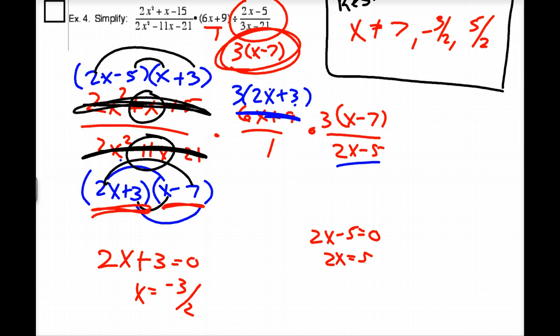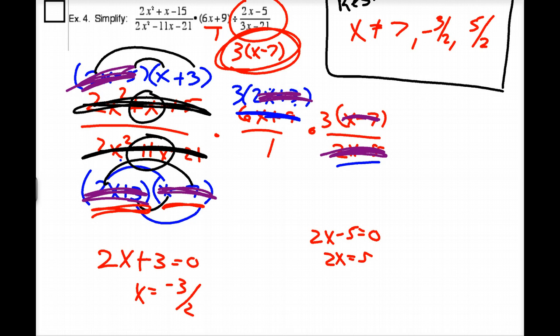So let's get back to the canceling. The fun part. I got a 2x plus 3 in the bottom and a 2x plus 3 in the top. I got an x minus 7 on the bottom and an x minus 7 on the top. I got a 2x minus 5 on the bottom and a 2x minus 5 on the top. What am I left with?